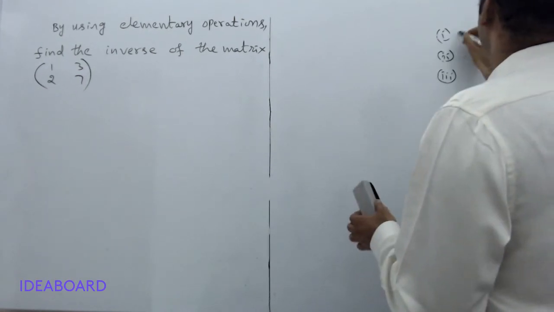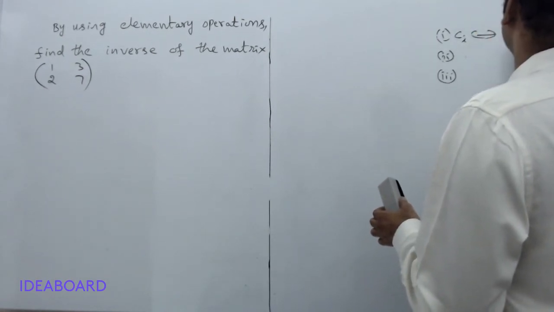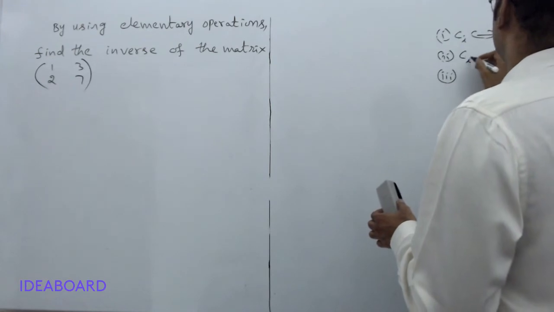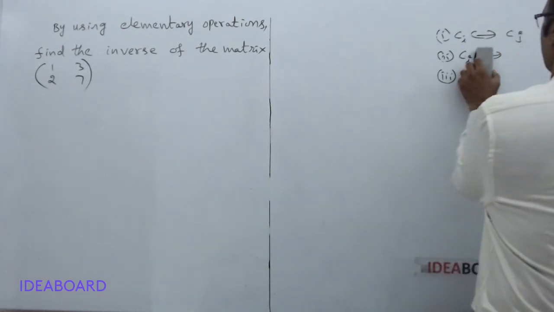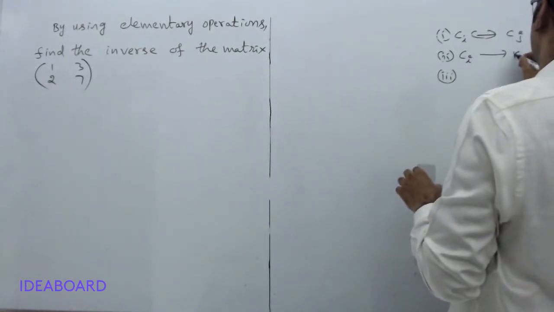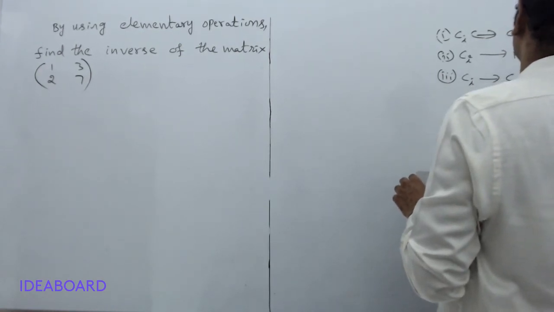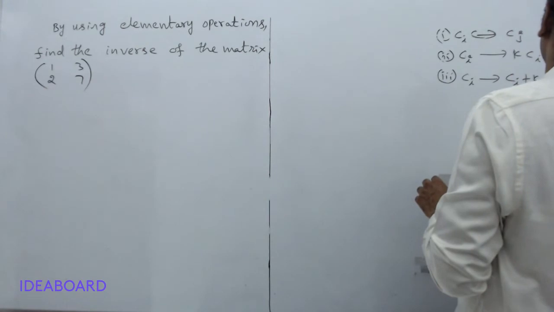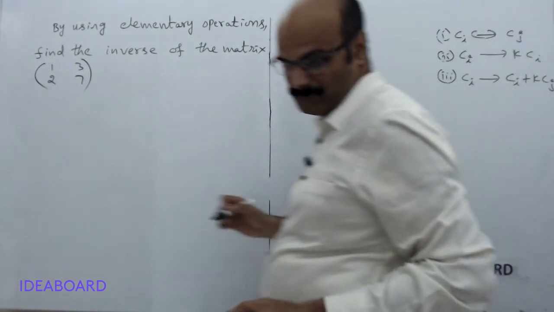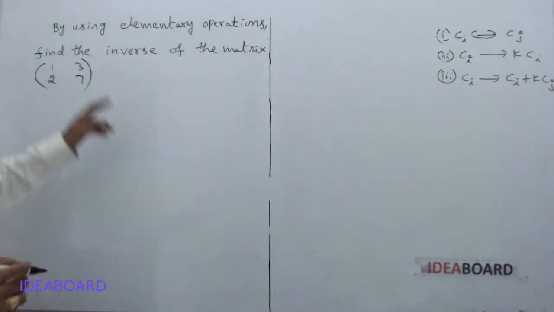First one, Ci and Cj can be interchanged. Ci implies K into Ci. Ci implies Ci plus K into Cj.